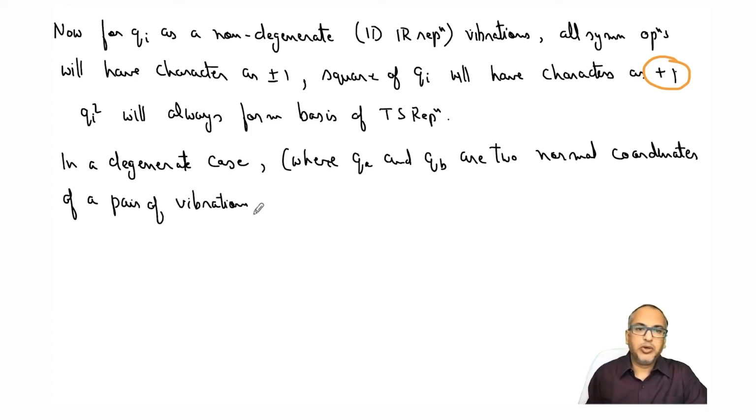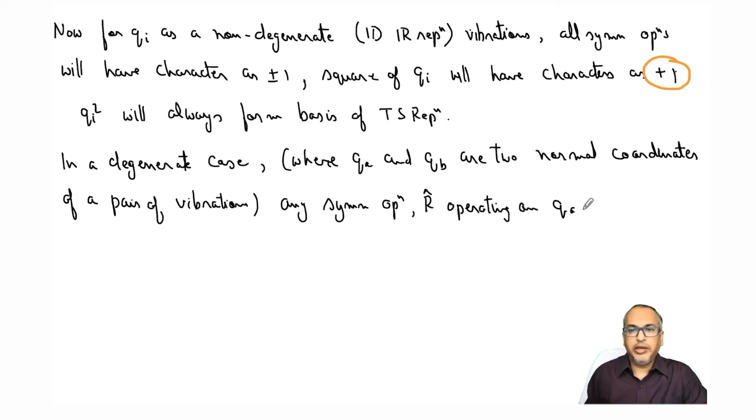Now degenerate vibrational mode, that means two vibrations will have same frequency. Now those pair of vibrations will have two normal coordinates QA and QB, right? Now any symmetry operation, let's say, R, operating on QA will have the following result.